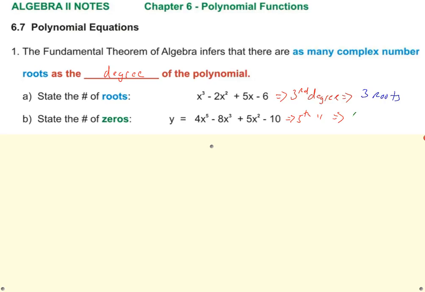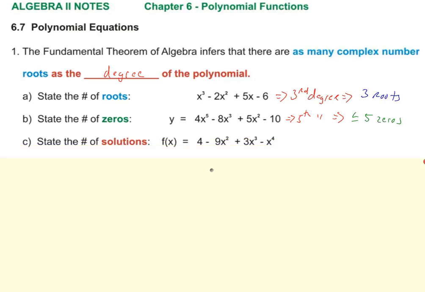There's up to 5 of them. So we'll say less than or equal to 5 zeros. Up to 5 zeros with a fifth degree polynomial. 10th degree polynomial, up to 10 zeros. 40th degree polynomial, up to 40 zeros. Third degree, up to 3 zeros.